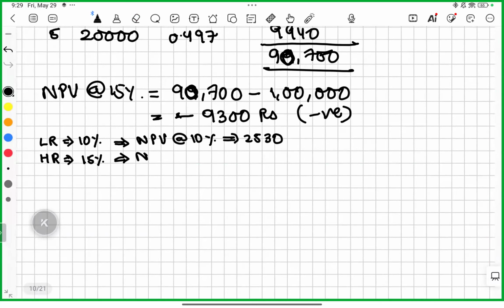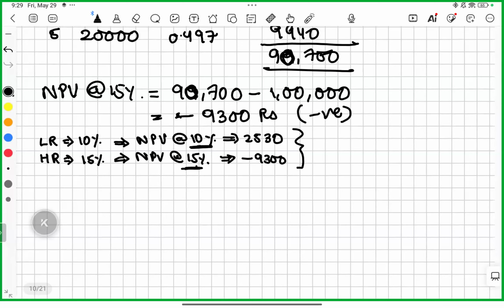NPV at 15%, we just found out, minus 9,300. So we have one positive NPV, one negative NPV. Positive NPV is at 10%, negative NPV is at 15%. So where will be IRR? IRR will be a rate somewhere between 10% and 15%.